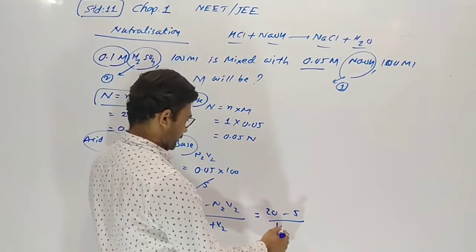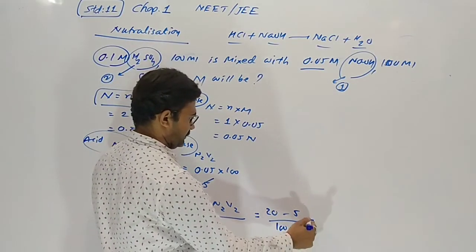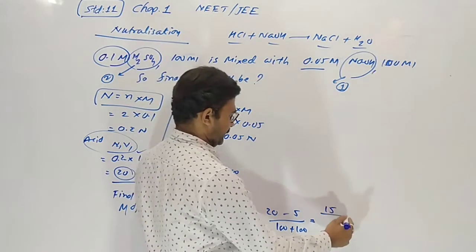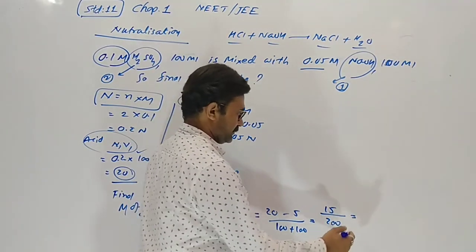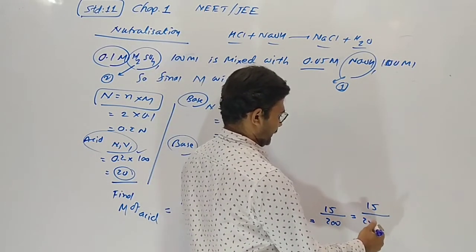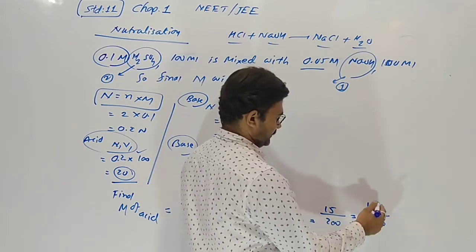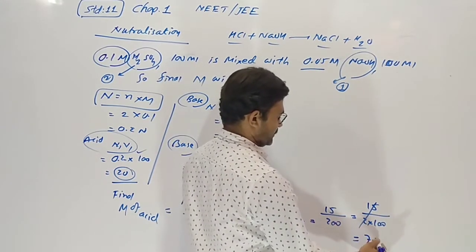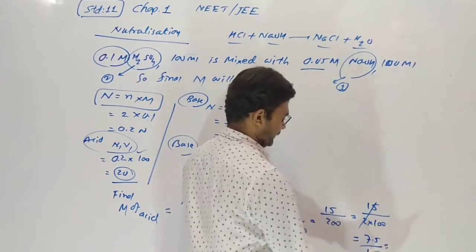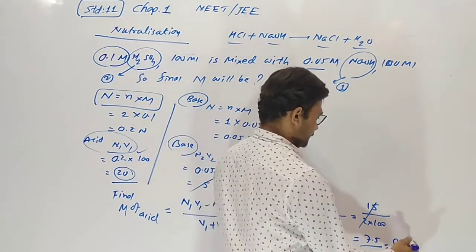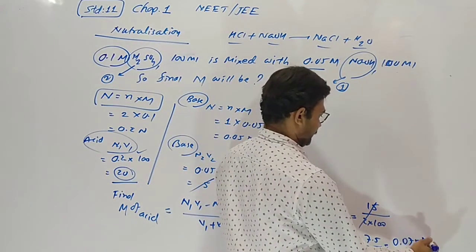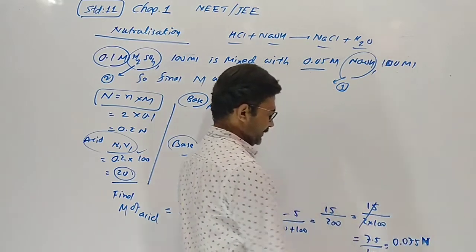Here 100 plus 100. So 15 divided by 200. Shortcut: 15 divided by 2 and 100. 15 divided by 2 is 7.5, then 100. So 0.075 normality.